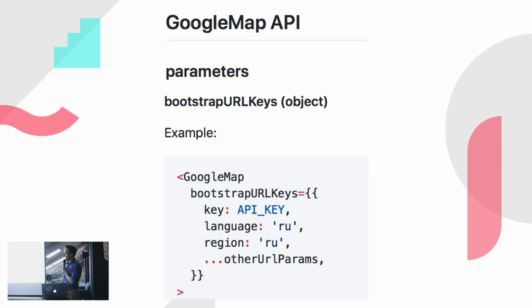And we see this, which is nice because it tells us that it is an object, but it's not enough, right? Because we would like to see all accepted parameters. And in this particular example, there's a spread of other URL params, and we have no clue what exactly it looks like, what the shape of this object is. So in order to know that, we have to get deeper and deeper and spend more time on it.